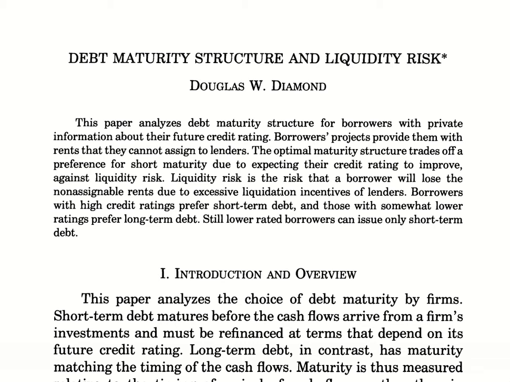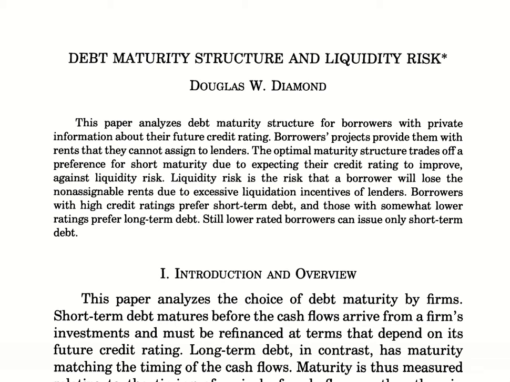Let's begin. This paper analyzes debt maturity structure for borrowers with private information about their future credit rating. Borrowers' projects provide them with rents that they cannot assign to lenders. The optimal maturity structure trades off a preference for short maturity due to expecting their credit rating to improve against liquidity risk.